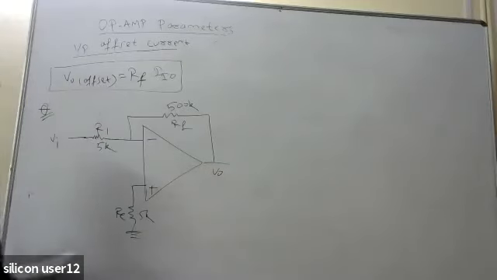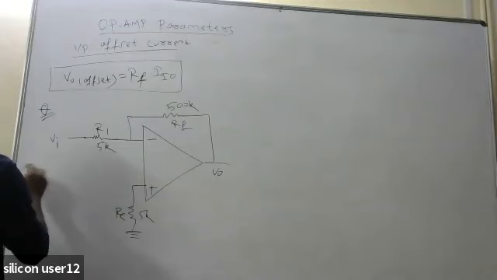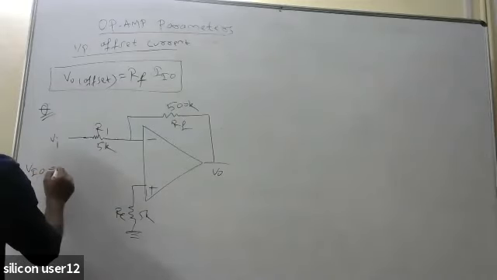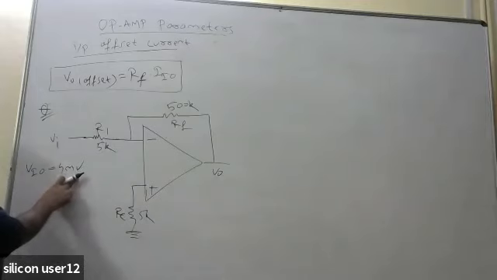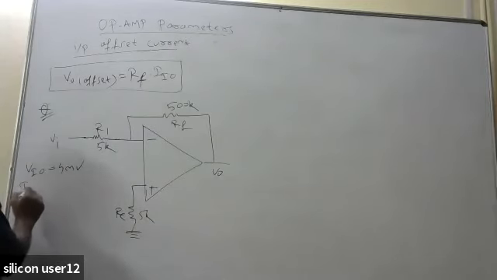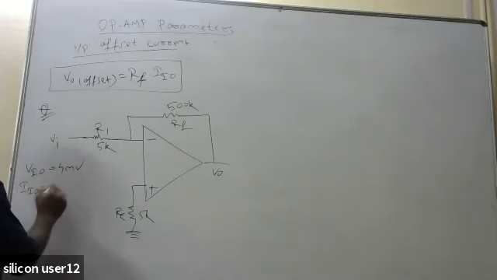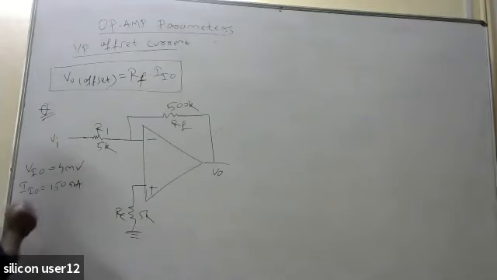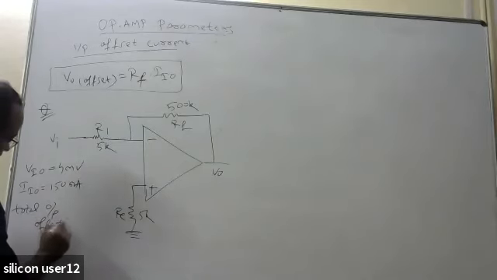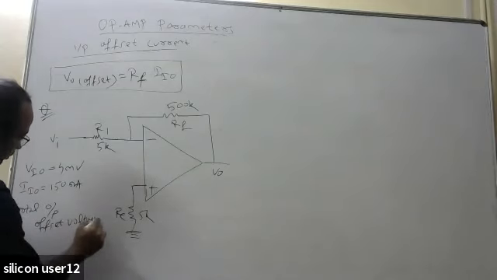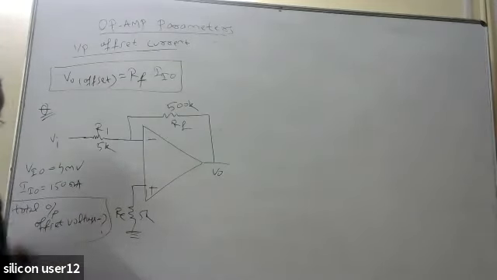In the question it is given that VI0 equals 4 millivolt, that is the input offset voltage, and input offset current II0 equals 150 nanoampere. Find the total output offset voltage.